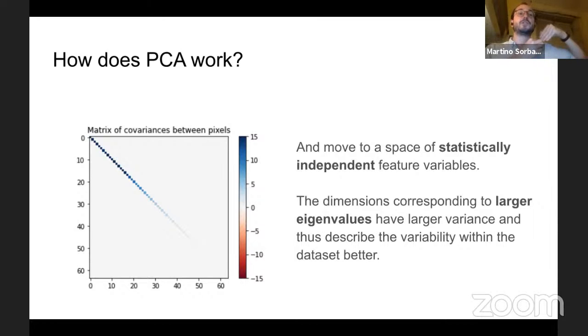The ones corresponding to larger eigenvalues have the larger variance, so those are the important features. The eigenvector with the largest eigenvalue, the combination of variables or dimension, is the first principal component. The second one is the second principal component, and so on until the last ones, which have very little importance.